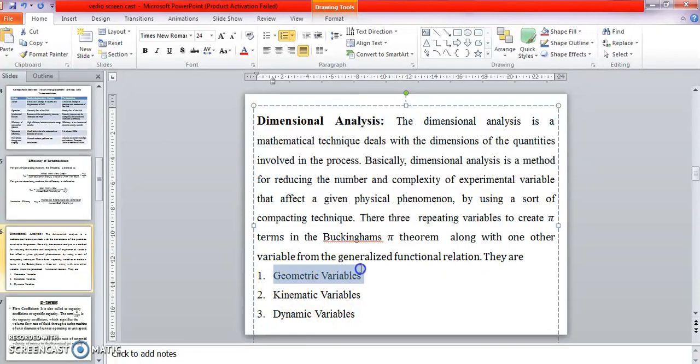The geometric variables involve length, diameter as well as height, whereas kinematic variables involve velocity as well as acceleration, and dynamic variables involve fluid properties such as density as well as viscosity. Those fluid properties we are going to consider in case of dynamic variables.